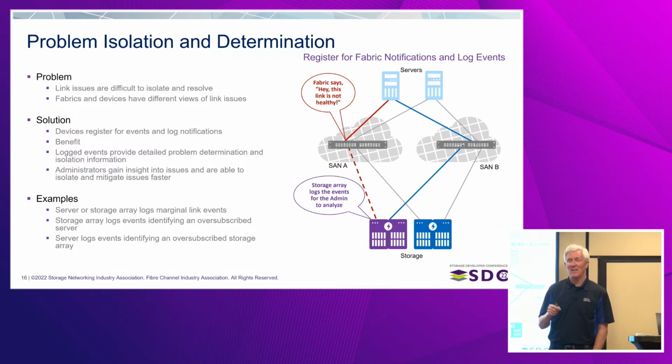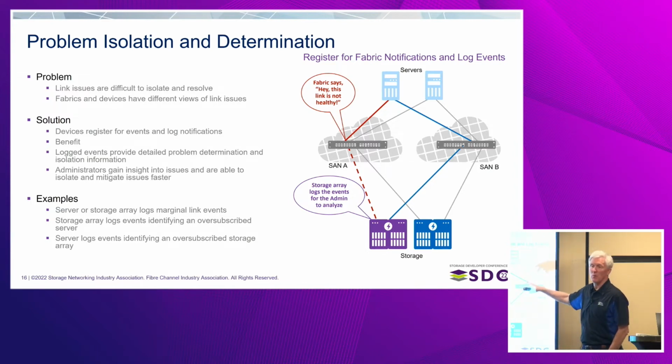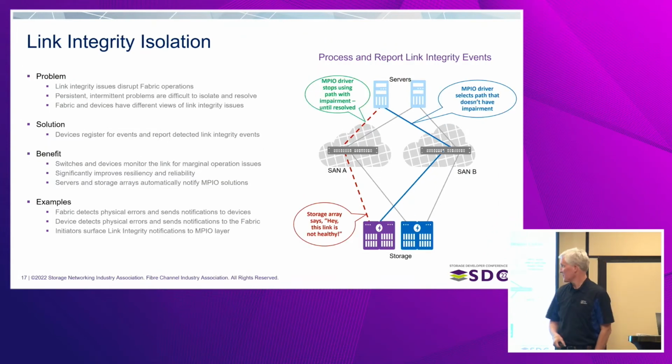And not only that, I can also say with confidence, check that cable, not that one or that one, but that cable. Because that information is also in the notification. So for problem isolation and determination, having the devices enabled with fabric notifications gives you a huge step up in being able to support your customers.